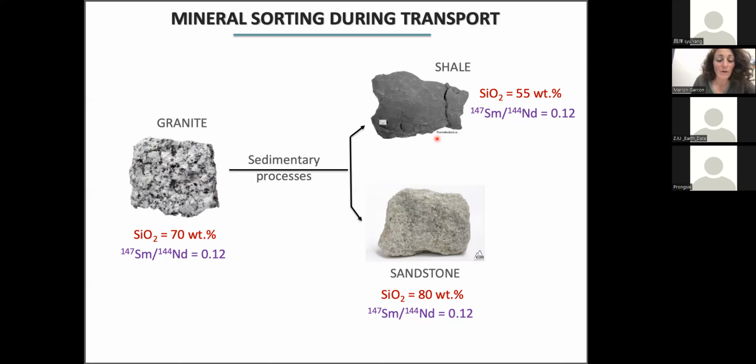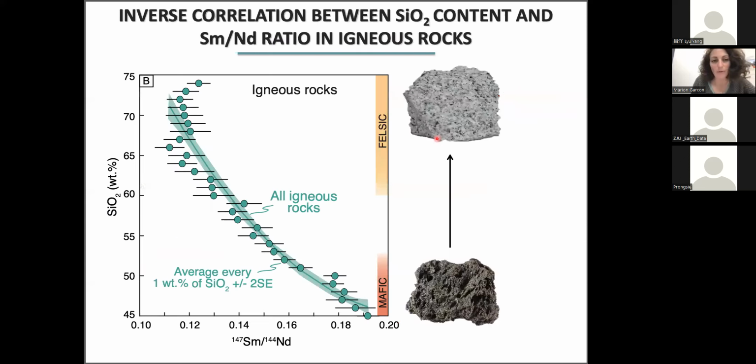And this is an important process, all the more that when you look at another compilation, this time in igneous rocks, you can see that in igneous rocks, the silica content is well correlated with samarium neodymium ratio.